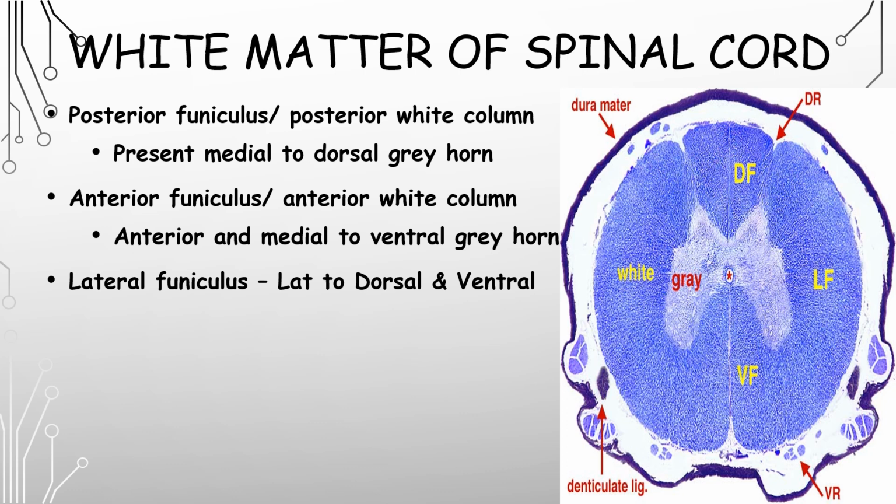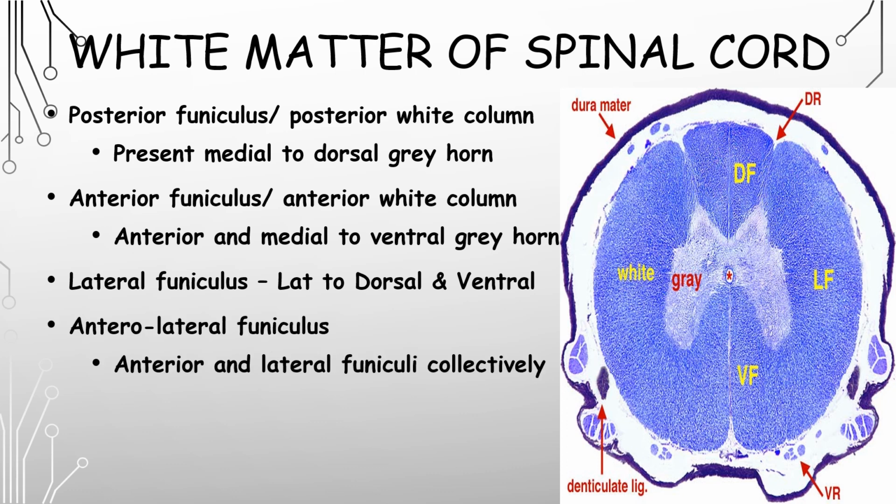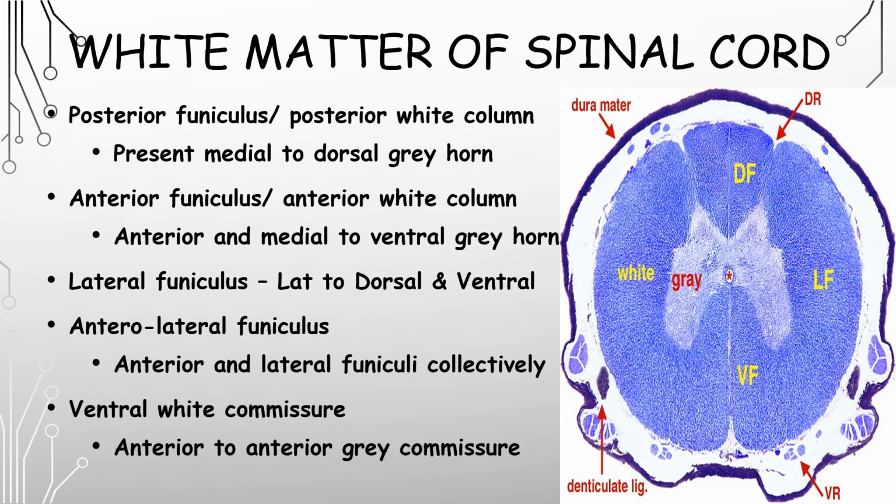The anterolateral funiculus refers to the anterior and lateral funiculi collectively. The ventral commissure, that is the white commissure, refers to the white matter which is present anterior to the anterior gray commissure and joins the right and left halves of the white matter.